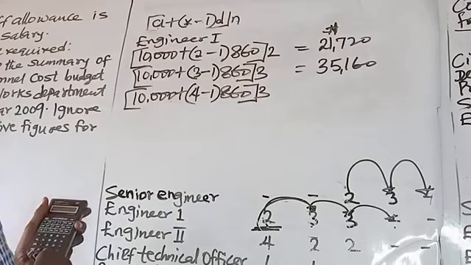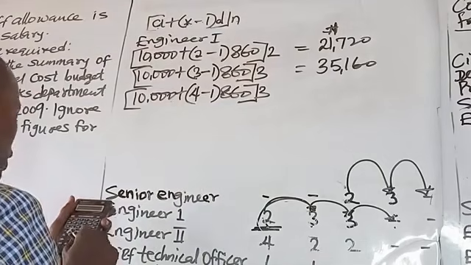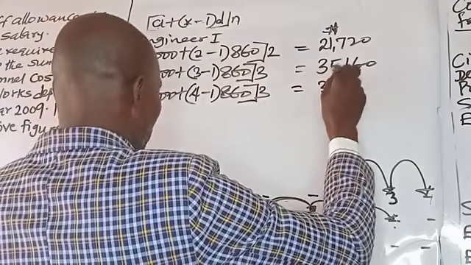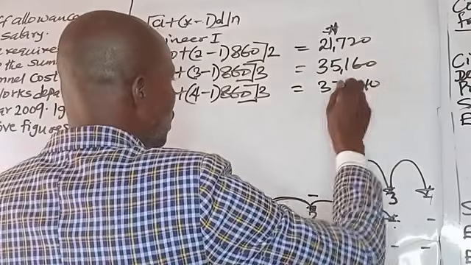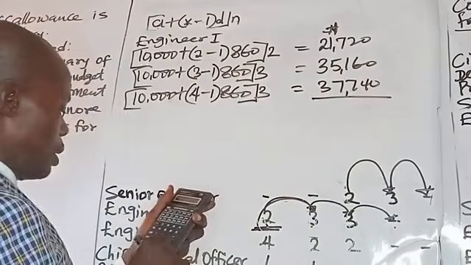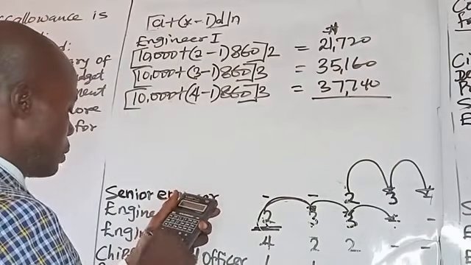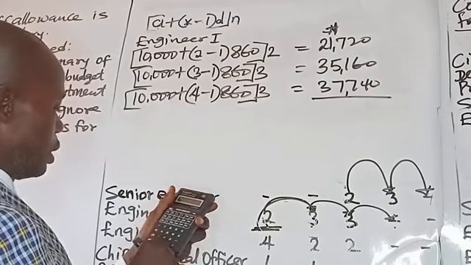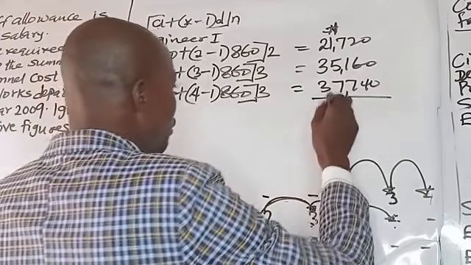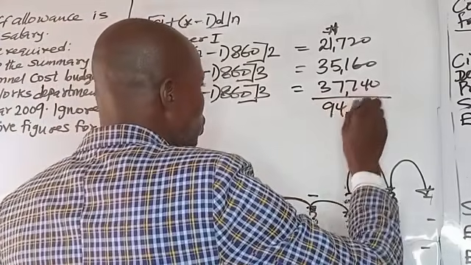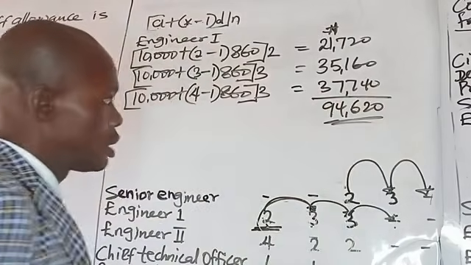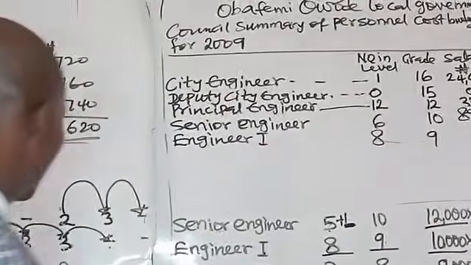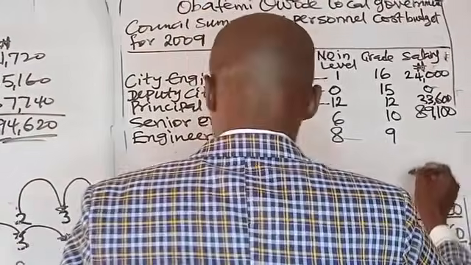We have 12,580 times 3 employees. We have 37,740. So now, let's sum it up. 37,740 plus 35,160 plus 21,720. That is a total of 94,620. So, Engineer 1, we have 94,620.